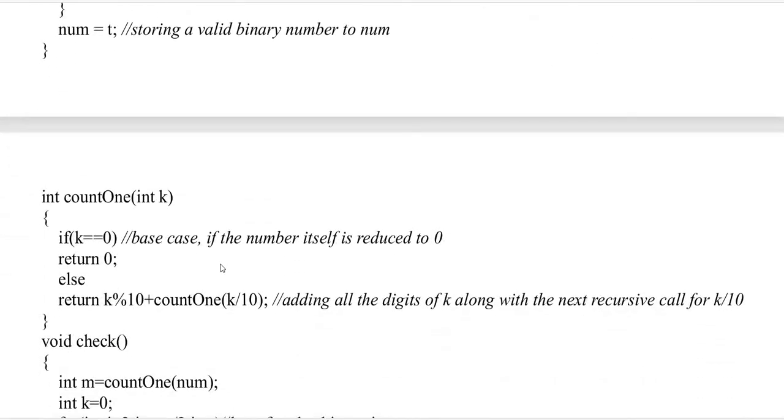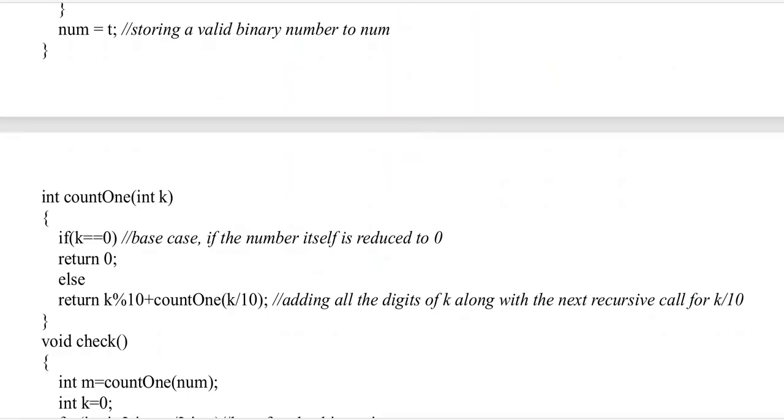Now, they asked a question, function count1. What will this function do? This function will count the number of digits that are 1 in the number k, and return the value using a recursive function. So now when we have to extract the digits, what would be the base case? The base case will be when the number becomes 0, it should stop recursion.